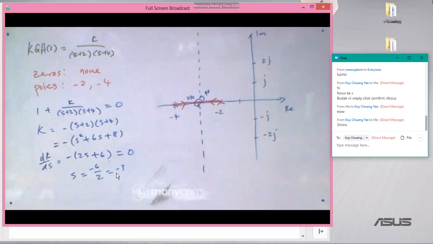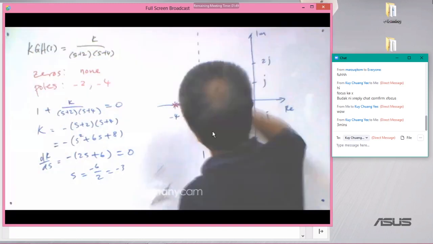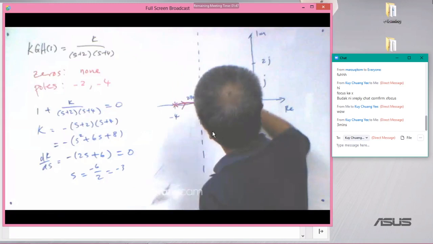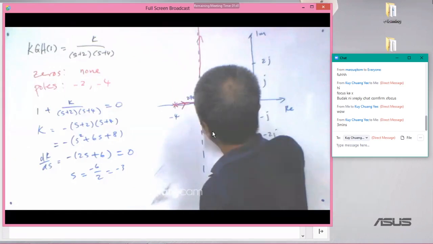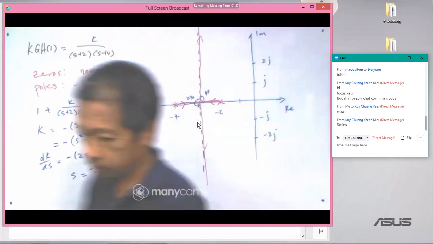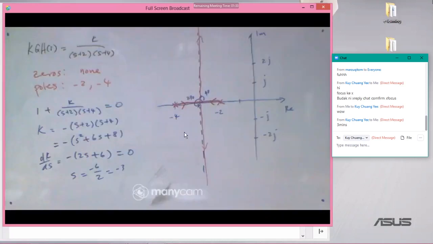It so happened that the breakaway point is -3, coinciding with the intersection of asymptotes. So we know that this is the breakaway point, -3, and then we can come here and finish our drawing. So this is -3, one branch going up and one branch going down to infinity along an asymptote line.